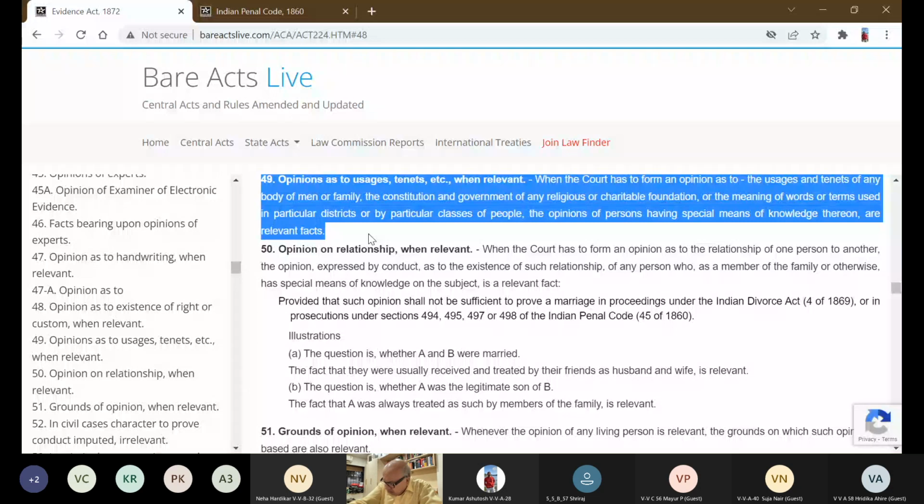So here opinion is not sufficient in matters with regard to charges of bigamy, charges of adultery. In that matter, of course, for adultery, the charges have been minimized here. The court doesn't like to require circumstantial evidence. But in the matter of proving relationship, the evidence can be used.